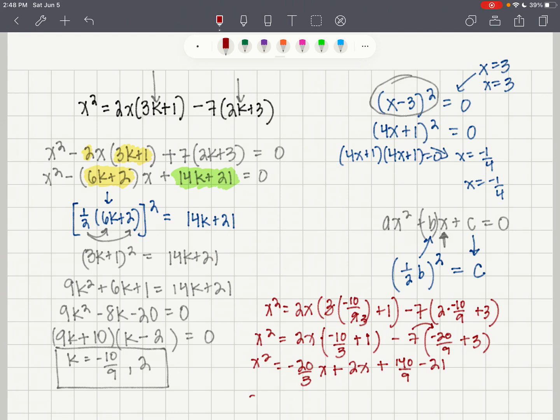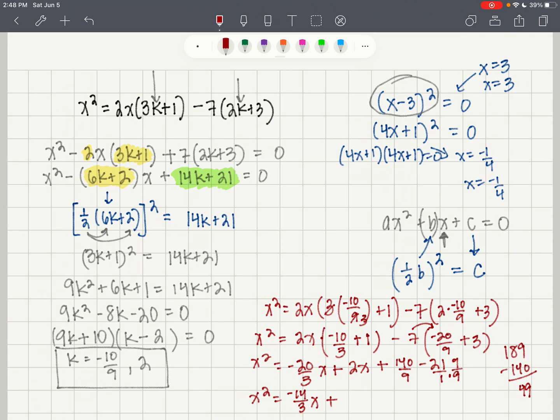I'm going to combine like terms. x² = -26/3 x, not negative 26, that would be negative 20 plus 6, which is -14/3 x, plus 140/9. Let's see if I get that common denominator. I'm going to have 189 minus 140, that's 49/9.